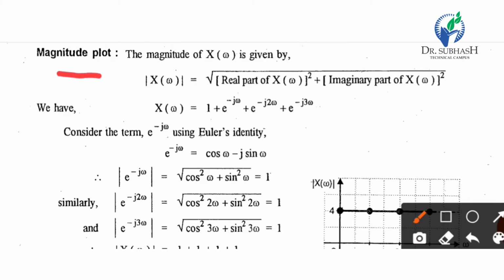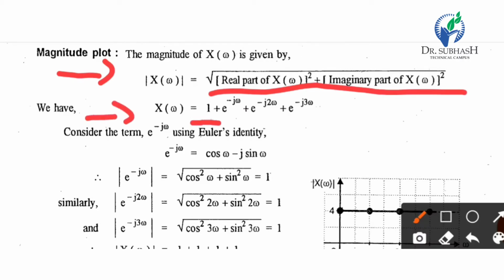|X(ω)| = under root of the square of the real part of X(ω) plus the square of the imaginary part of X(ω). So we have X(ω) = 1 + e^(-jω) + e^(-j2ω) + e^(-j3ω).